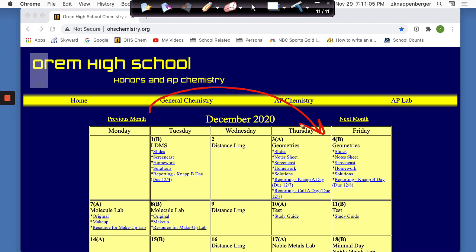Then we'll be talking about geometries. This will move us into the last lab of the unit and of the quarter, the year actually, and you'll be given model kits, and you'll actually be building the molecules that you drew the structures for in the previous couple class periods.